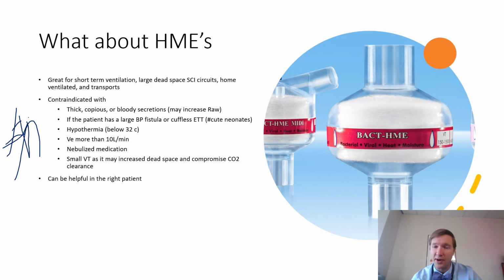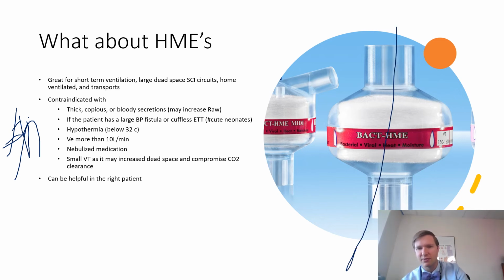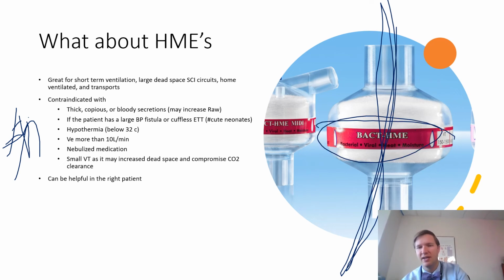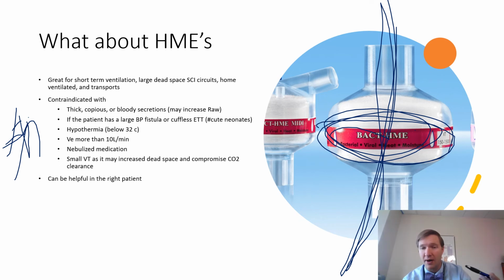If they're hypothermic, below 32 centigrade, they don't have enough body temperature to heat up those, because the whole point is as gas flows through the HME, when you exhale, that gas passes through and warms up that material, and then the next breath in gets conditioned by that heat and moisture that you just exhaled. So you're using your own heat and moisture, trapping some of it to condition that next breath in. That's how they work.